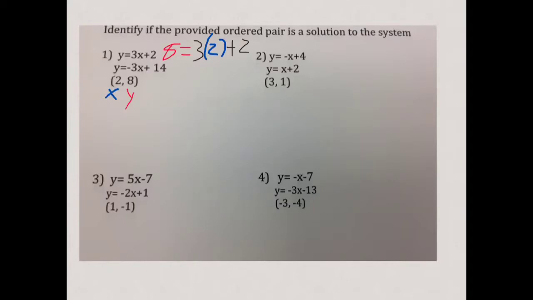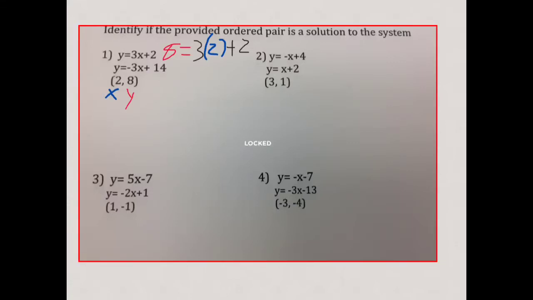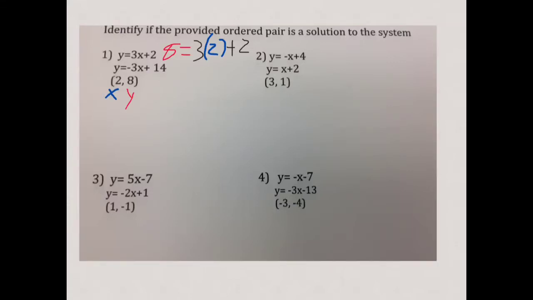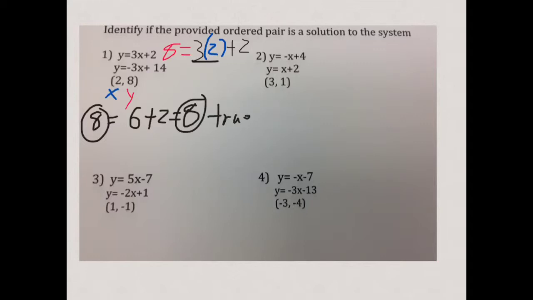Now 8 is equal to, what's 3 times 2? 6. Plus 2 would be 8. So the numbers 2 and 8 work for this first equation. Since they are both 8, it would be true.